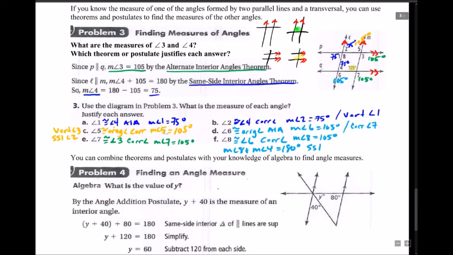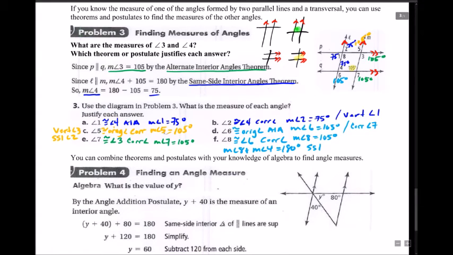So it's either corresponding to 4 or vertical to angle 1. Either way works for us. And then let's look at angle 5. Well, angle 5 is corresponding to the original angle, so it's congruent to the original angle, or it can be vertical to angle 3, which we found earlier, or it can be same side interior to angle 2, which we just found.